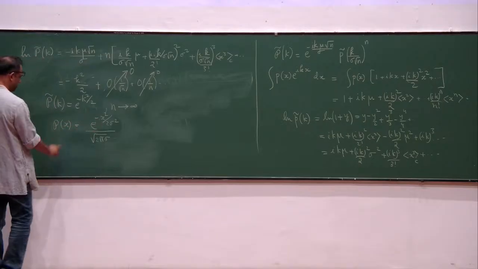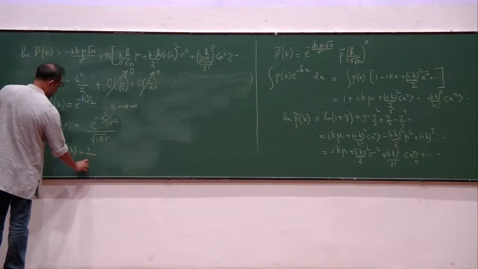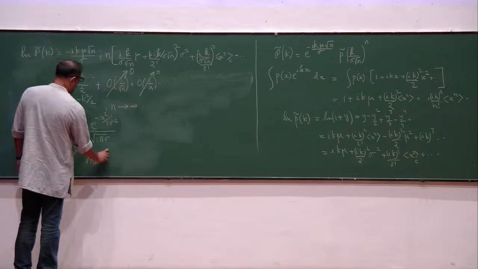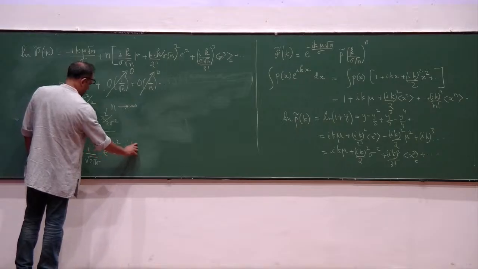I take its Fourier transform. So p tilde of k is 1 by root of 2 pi sigma times the integral of e to the power minus x square by 2 sigma square plus ikx.